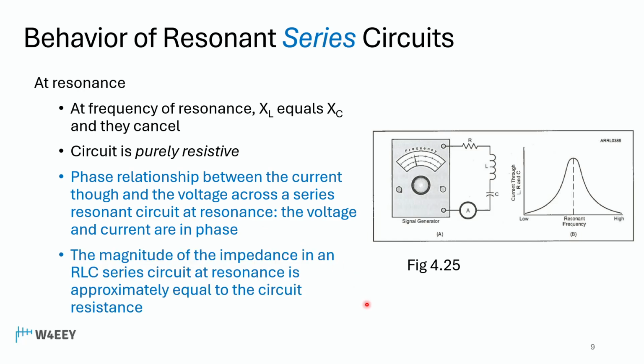And because the circuit is completely resistive, we've canceled the capacitive and inductive reactance, that makes this true, which is another pool question. The magnitude of the impedance in an RLC series circuit, as drawn, is approximately equal to the circuit resistance. Now that might have you scratching your head a little bit because we've got three components in series here.